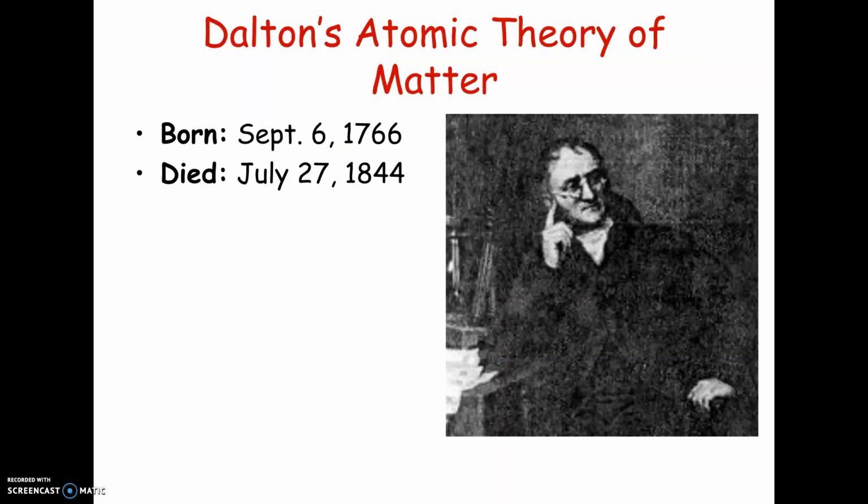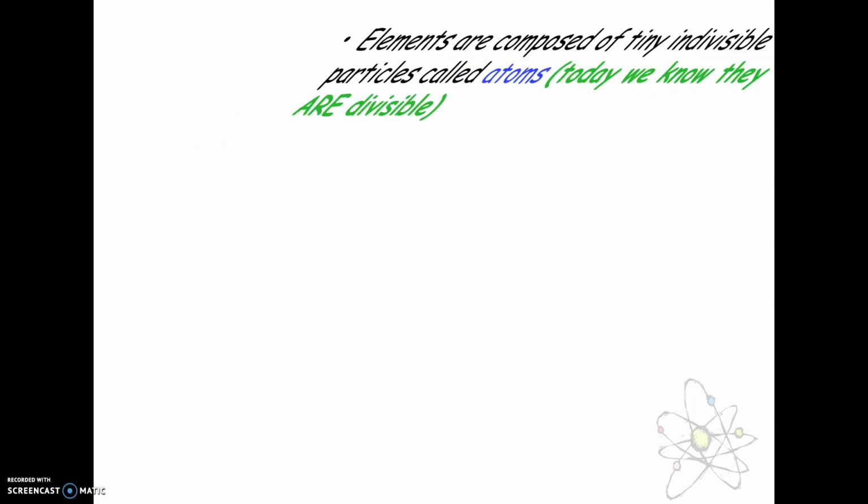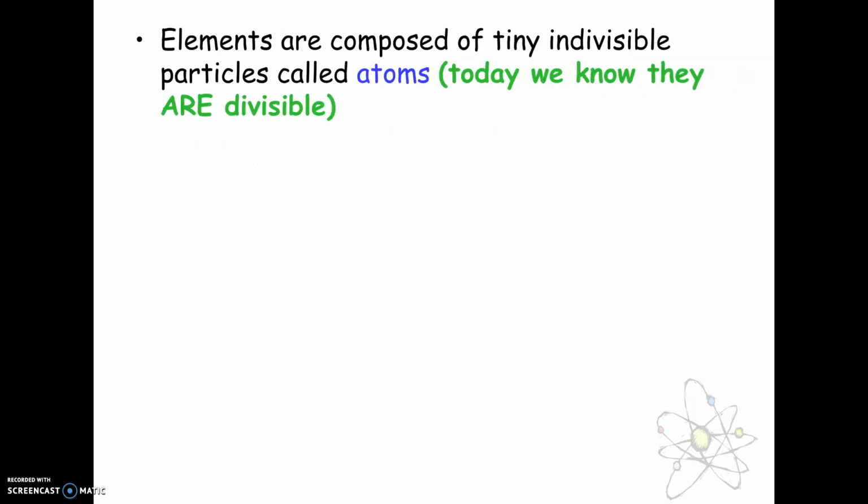So what we believe about atoms is really based on the discoveries of Dalton. Dalton came up with what he called the atomic theory of matter. So these are the things that his theory said. First, elements are composed of tiny, indivisible particles called atoms. The thing is, this has been modified a little bit because we know that atoms technically are divisible.